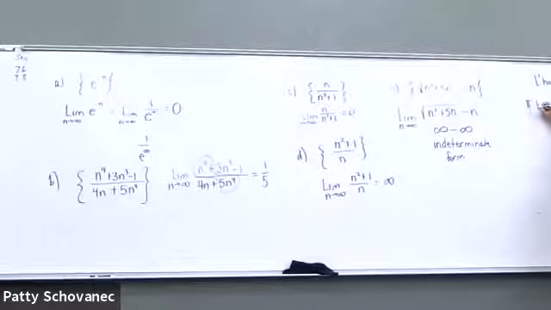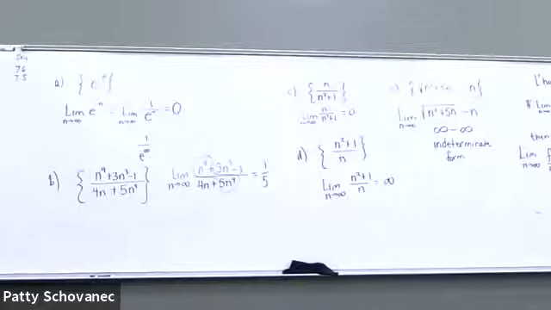It says that if the limit as n goes to infinity of f of x over g of x has the form 0 over 0 or infinity over infinity, then try taking the limit as n goes to infinity of f prime of x over g prime of x.